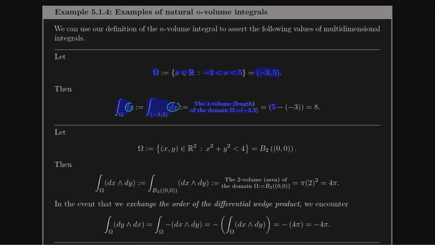You take the upper bound minus the lower bound, and we get 8. 8 is our one volume, or our length of this domain, or equivalently, that's how we define the value of this integral.